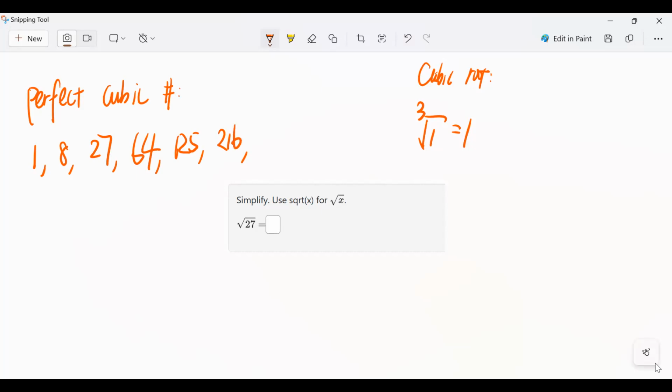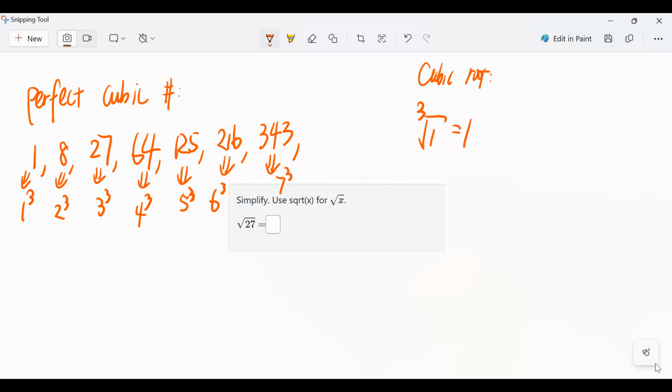And 7 cubed, 49 times 7, is 343. And 8 cubed is 512. These perfect cube numbers all come from 1 cubed, 2 cubed, 3 cubed, 4 cubed, 5 cubed, 6 cubed, and 7 cubed.